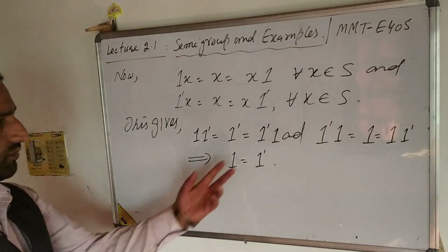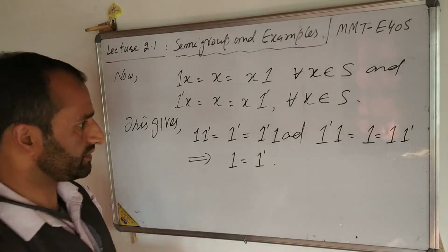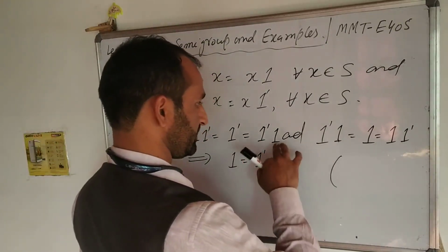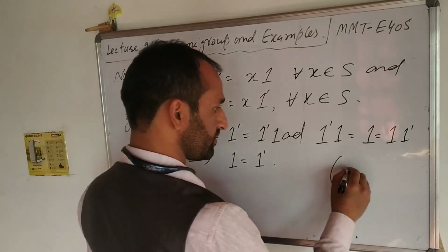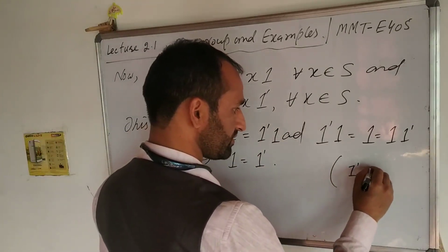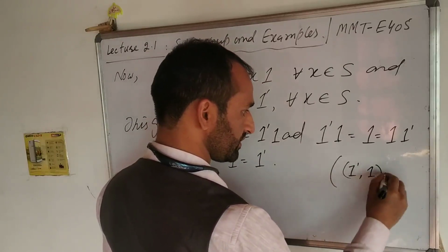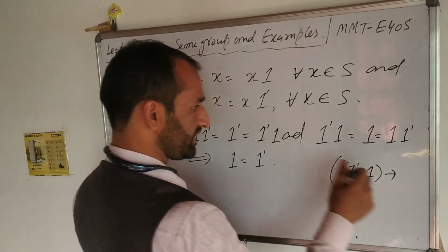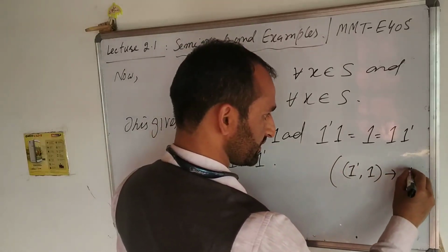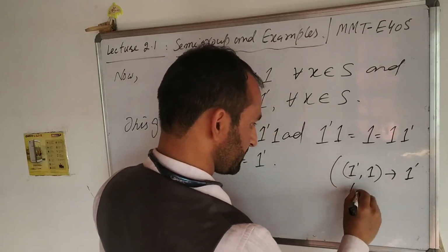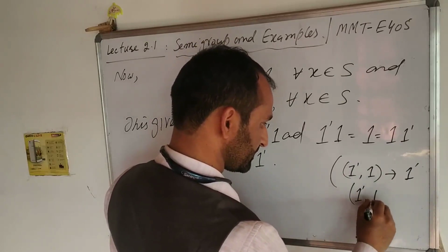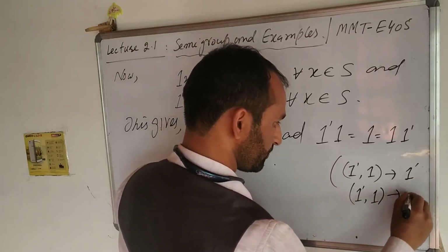The binary operation takes the pair 1 dash, 1 to 1 dash here, and the same element under the binary operation goes to 1.